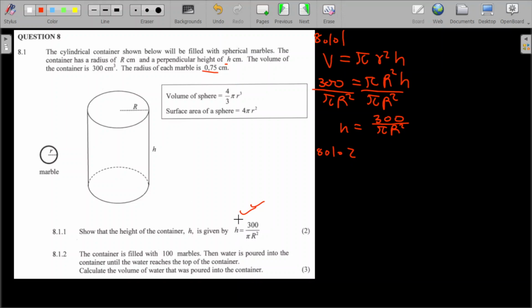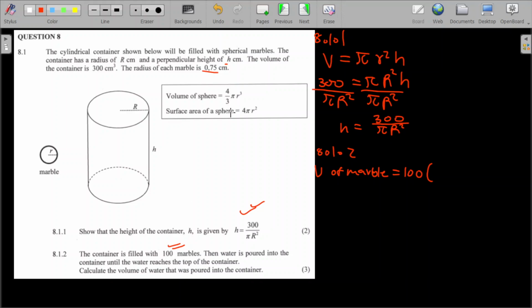Remember, when we're pouring this water into the container, there are also the 100 marbles. So first, we need to find the volume of those marbles. We have 100 of those marbles, so it's 100 times the volume of one marble.